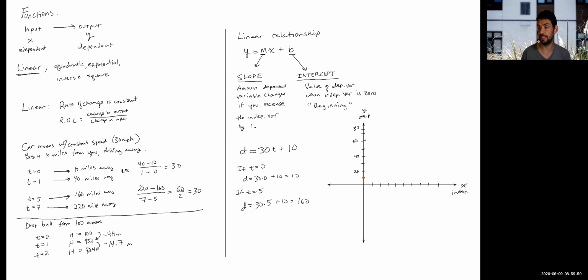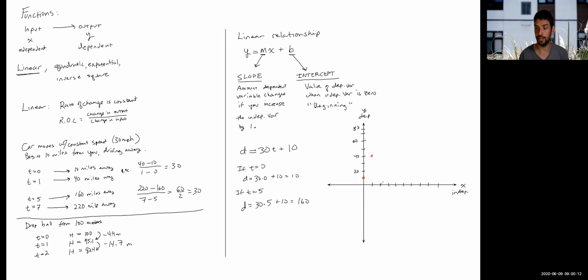So I've gone on the independent variable 0 units to the left or the right, and I'm going 10 units up for the dependent variable. When I move over 1 unit on the horizontal axis to 1 hour later, I should now be at 40 units high for the dependent variable.